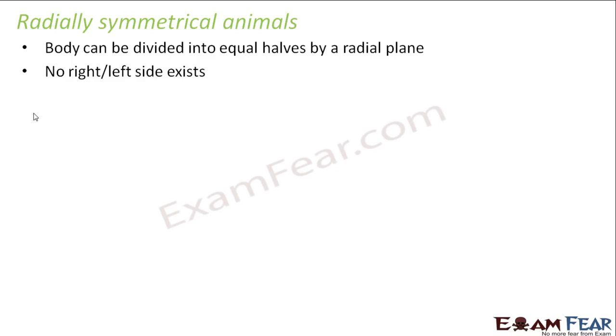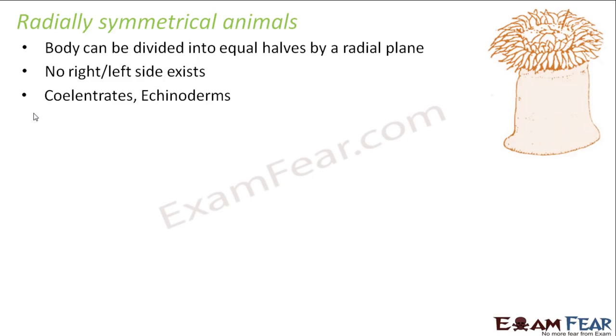But in radially symmetrical animals, there is no concept of right and left side. Examples are coelenterates and echinoderms. Here you can see this sea anemone. If an axis passes through the central axis, you are actually able to divide it radially.